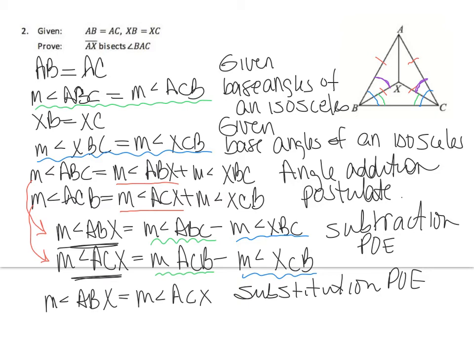So now, if I look at side, angle, side, this triangle right here, and this triangle right here are congruent because of side, angle, side. Let's write that down. Triangle ABX is congruent to triangle ACX because of side, angle, side.